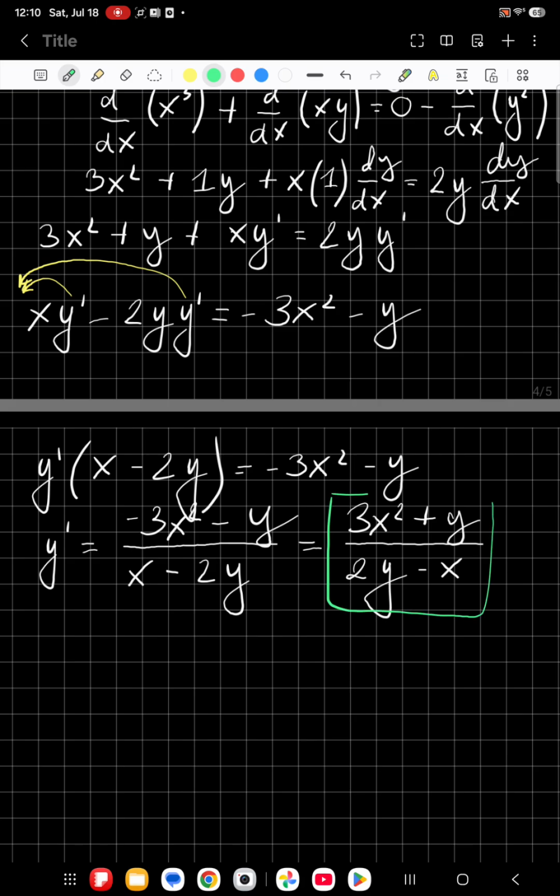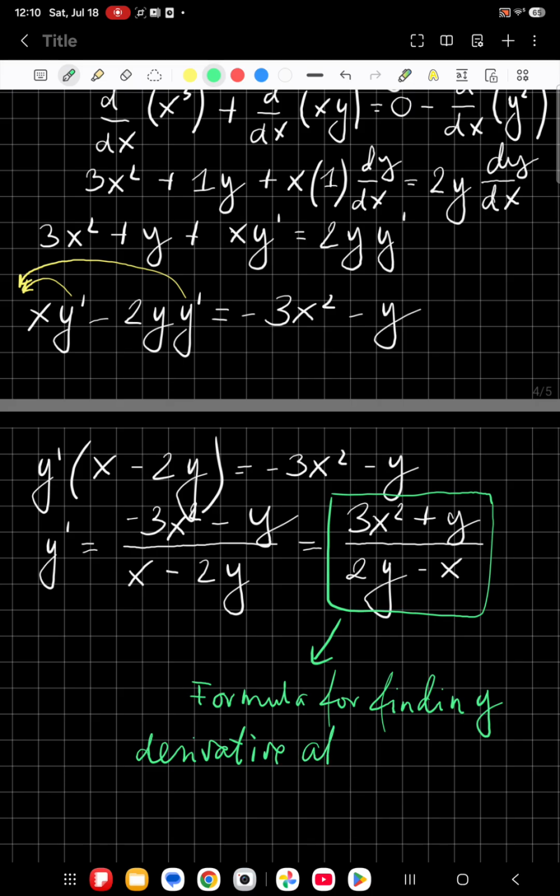So that's the formula to find the derivative at any point. Let me write it actually: formula for finding derivative at any point on the graph.